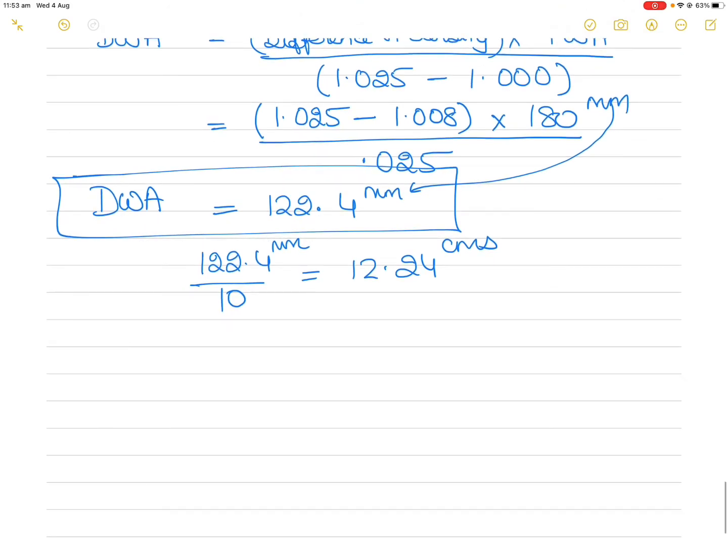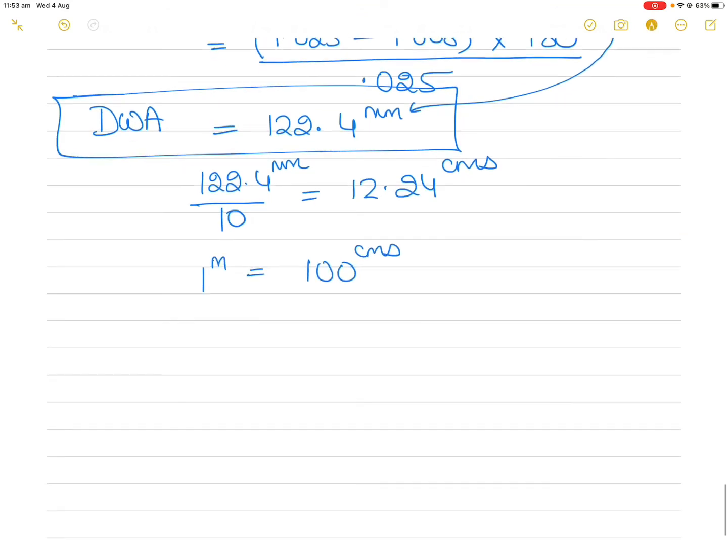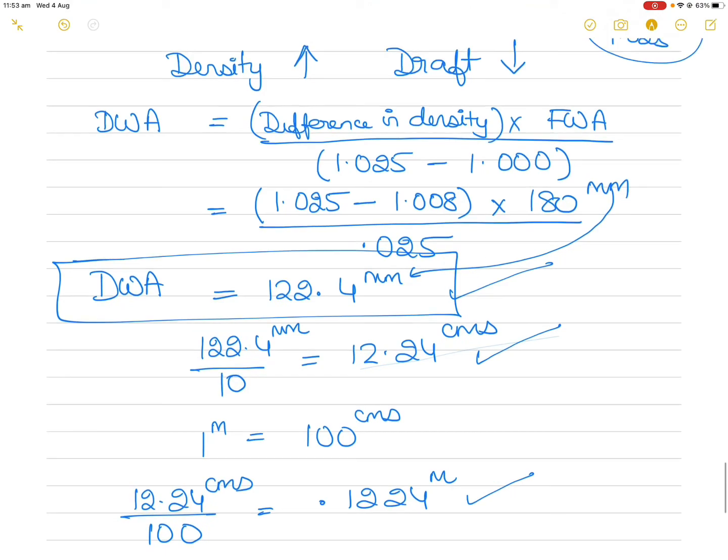Or you can also convert it into meters: 1 meter is equal to 100 centimeters, so if you got 12.24 centimeters, you can divide it by 100 and you will get 0.1224 meters. It depends on what the examiner asked you. You can keep it in millimeters, or convert it to centimeters or meters.